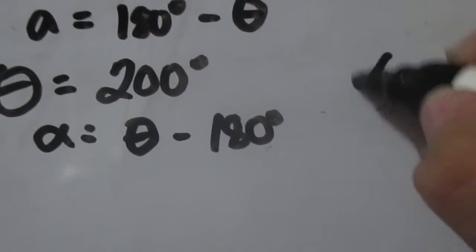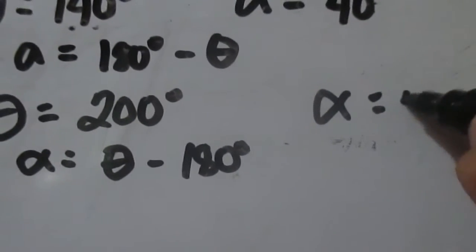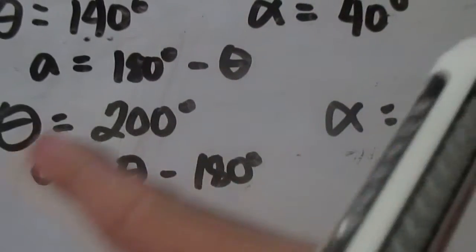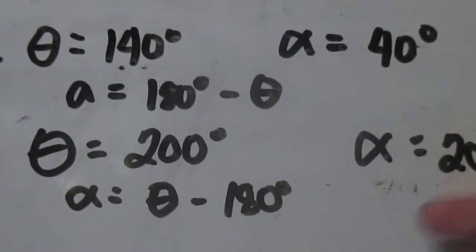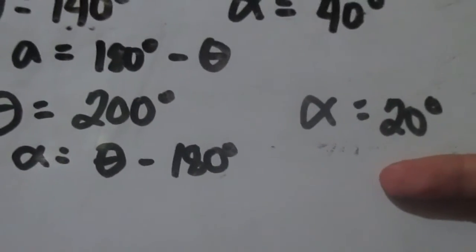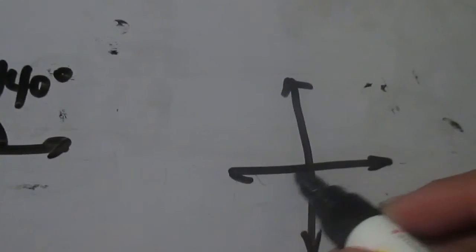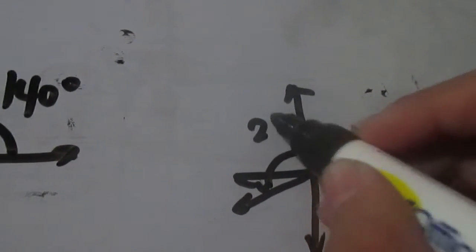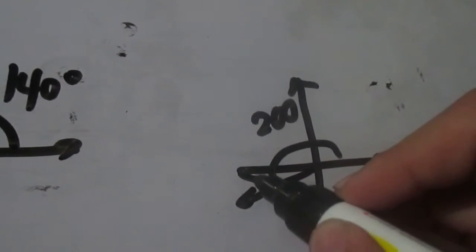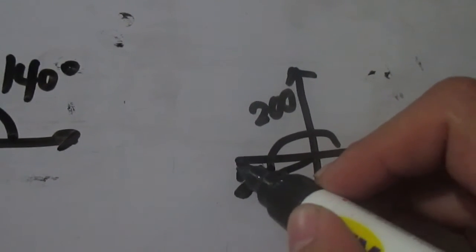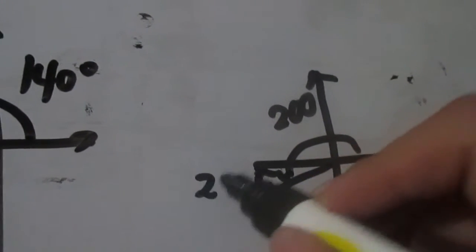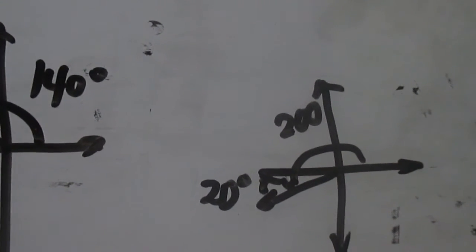It is equal to 20 degrees. So the reference angle of 200 degrees is 20 degrees. So here's the illustration. If this one is 200 degrees, the reference angle is located here from 180 to this one, which is equal to 20 degrees.